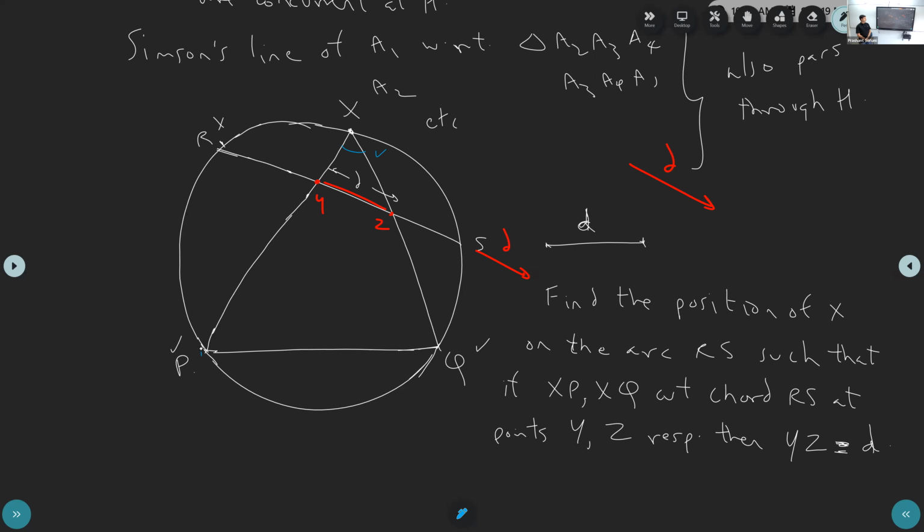Can I change the order? If I think of these as three different vectors, going from P to Y is one vector, then Y to Z is the second vector, and Z to Q is the third vector. Can I change the order of these vectors?